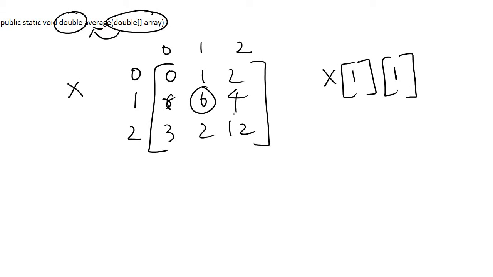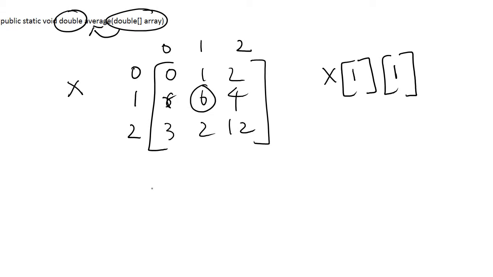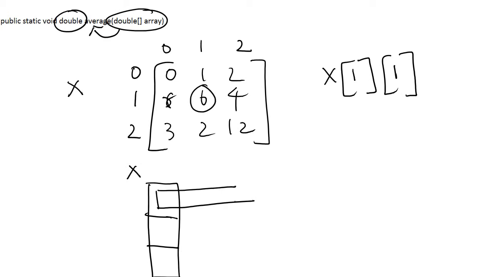But another way to look at it would be like this. You could think of this as a single array, and we'll just name it x for now. It's different from the x we just drew earlier. And within this single array, there's another array.